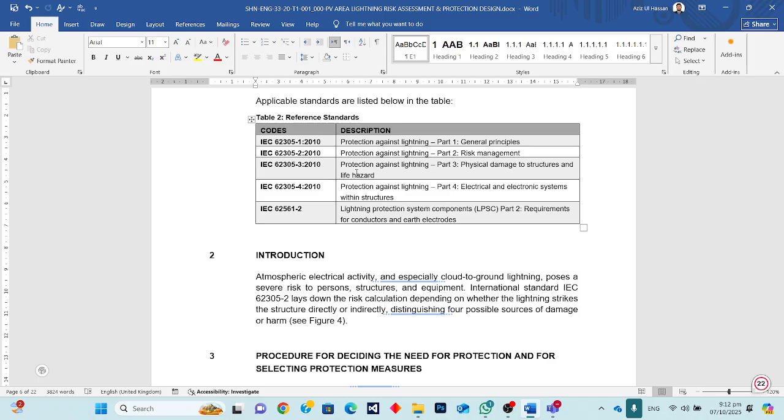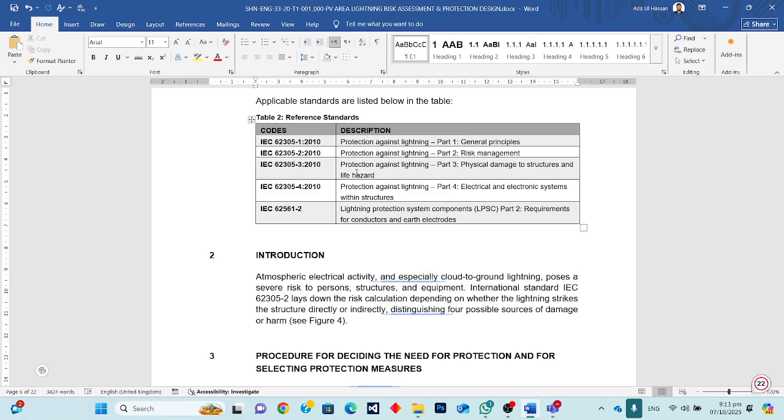We are installing a 620 megawatt solar system in South Africa, and the area of the solar power plant is much on the higher side, and there are four transmission lines passing through that area. So 2 to 3 days before, I started work on that lightning protection study, and I found that level 4 protection is not suitable for that area.